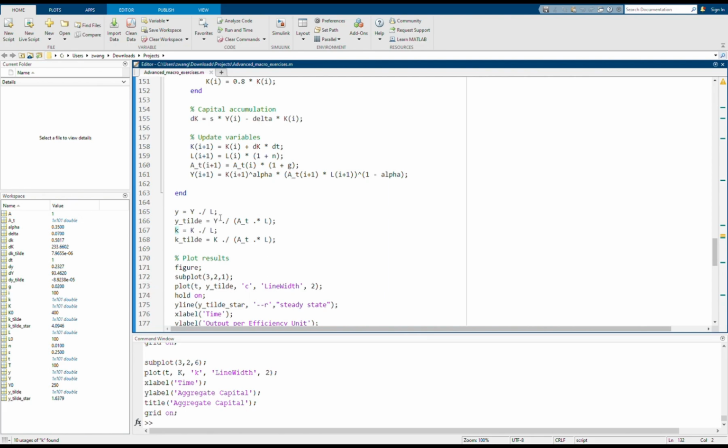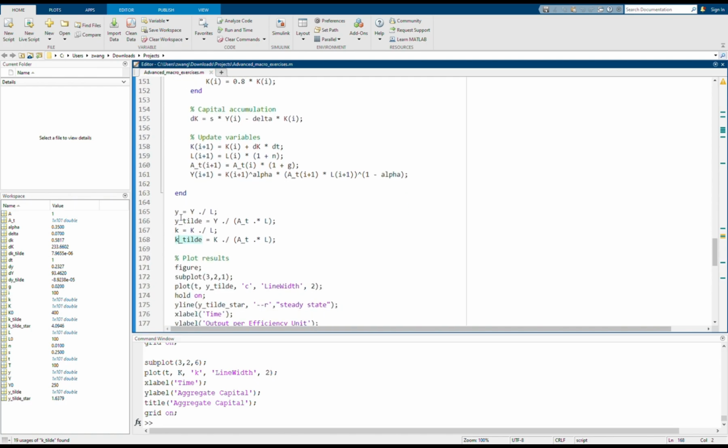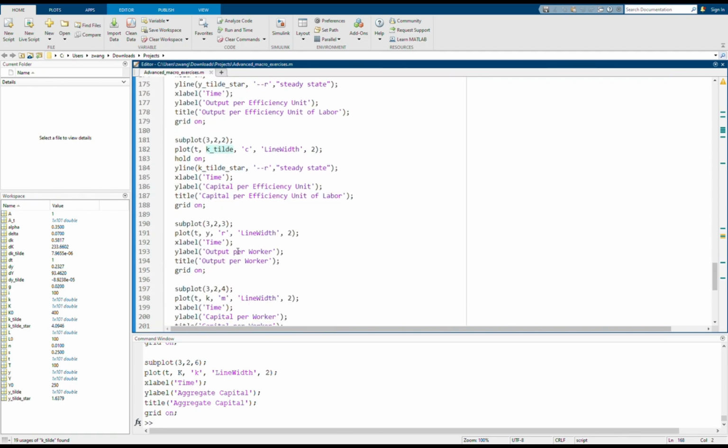Finally, we use the definition of the output and capital per worker and the output and capital per efficient unit to calculate the value of these 4 variables. We get the value of capital K and output Y directly from the simulation loop, and then use the definitions to calculate the 4 remaining variables. Then finally, we will plot the result.